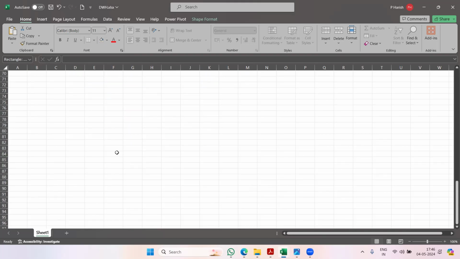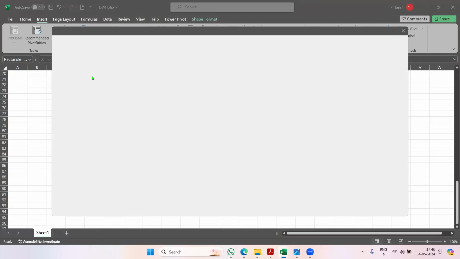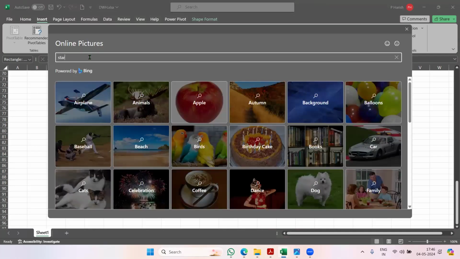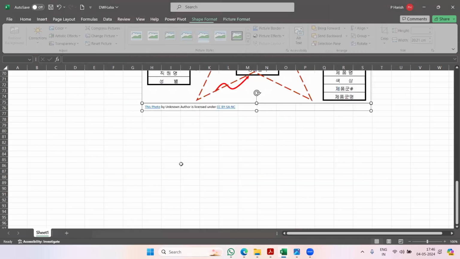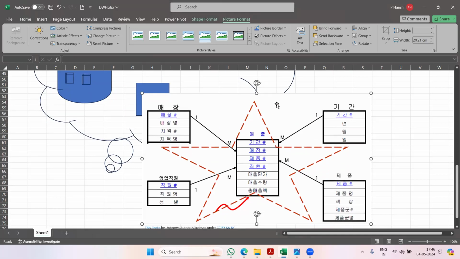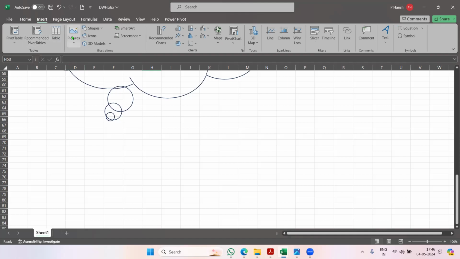Insert a picture online. Star schema. Oh, something we got in Chinese. Sorry for that one.